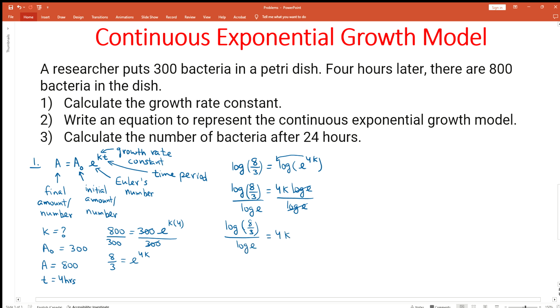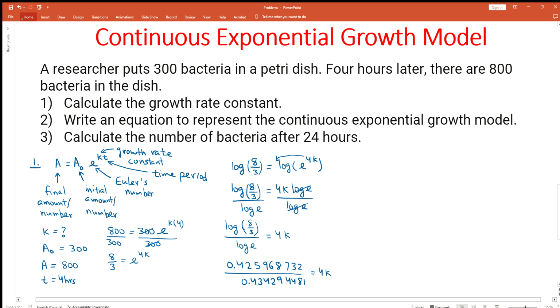Next, we can use our calculator to evaluate log 8 over 3 divided by log E. Log 8 over 3 is equal to 0.425968732 and log E is equal to 0.4342944 81.